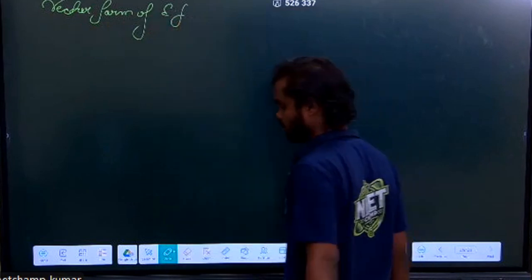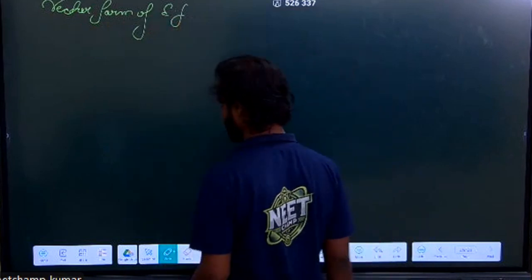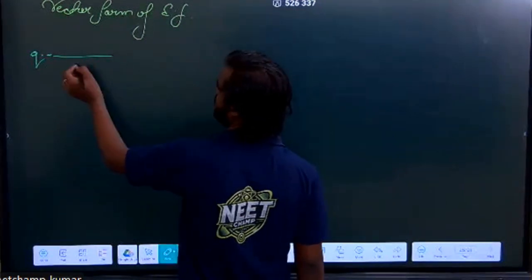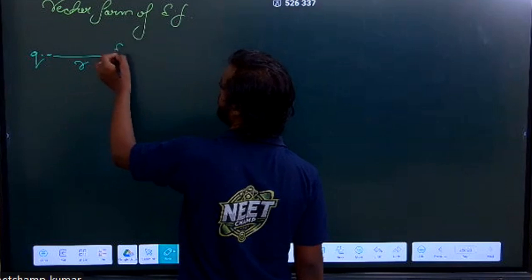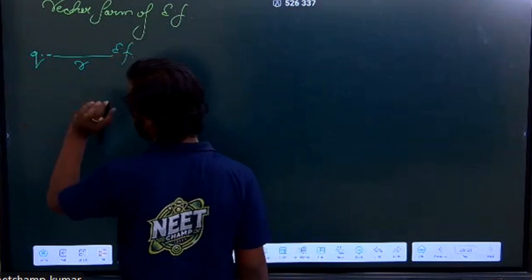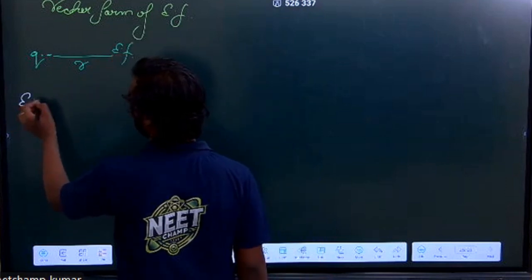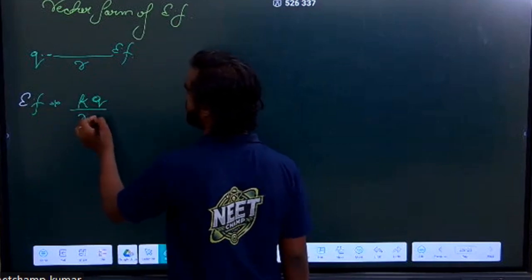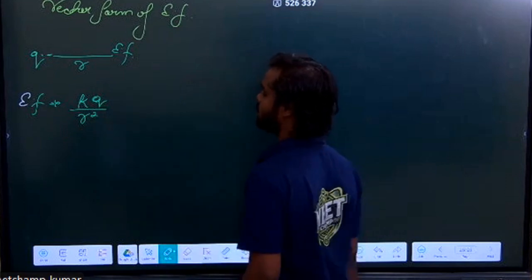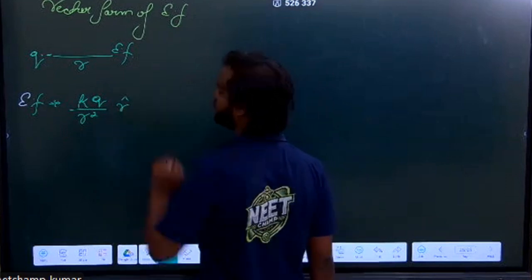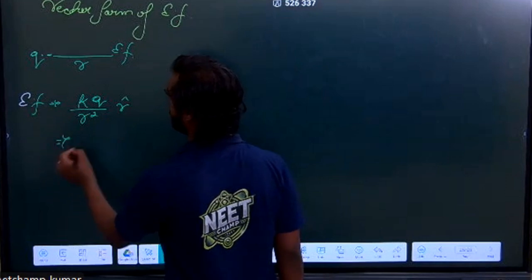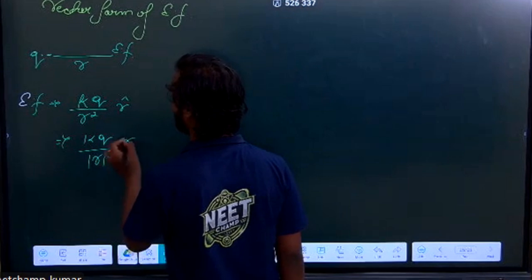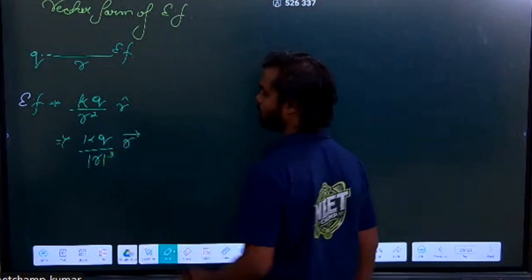So if suppose there is a charge, and at some distance r I want to find the electric field at this point, then in vector form my electric field will be written as, see, this is the magnitude kq by r square. I want to write the direction, so I have to multiply it by the unit vector r cap. So this will be equal to kq by mod of r cubed into r vector. So this is the vector form of electric field.